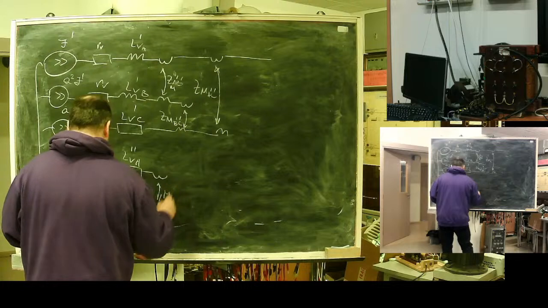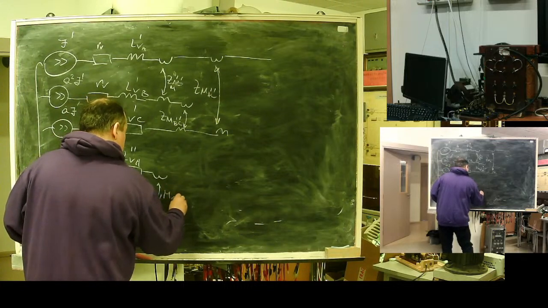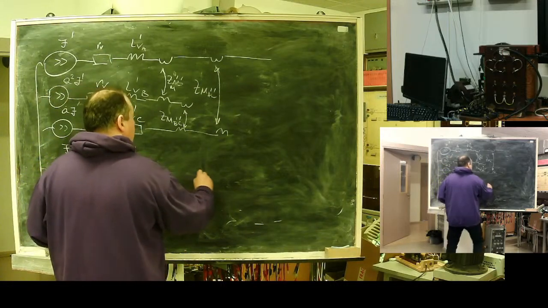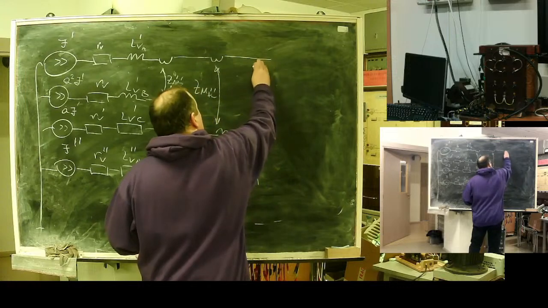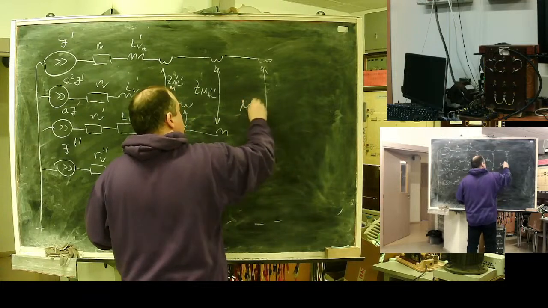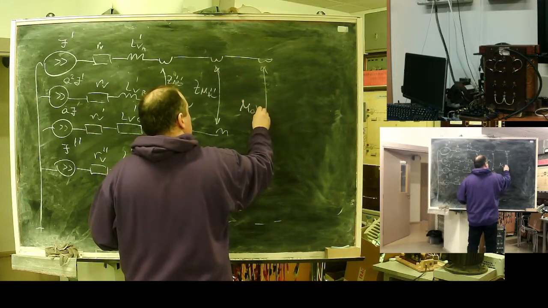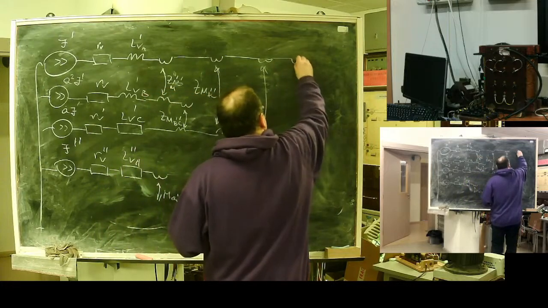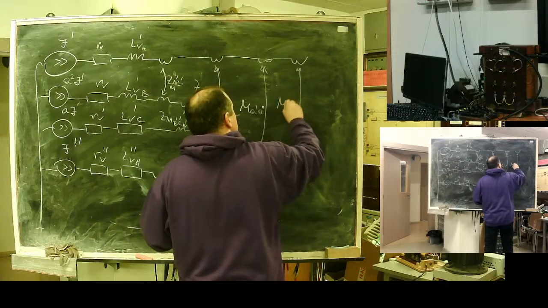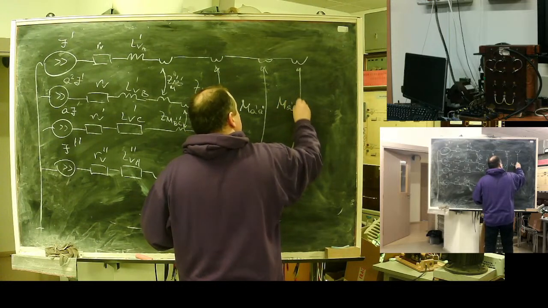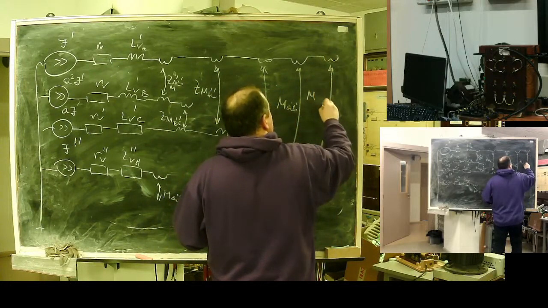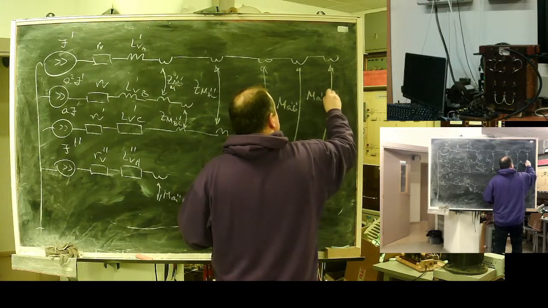Here will be neutral A2, B2, and an important thing: this one is neutral A1, A2. It will be accompanied, I don't have space, with neutral A1, B2, and a third neutral A1, C2.